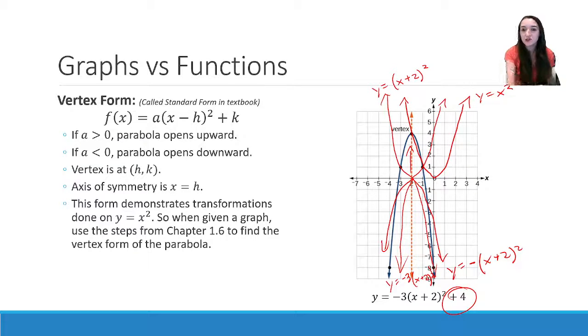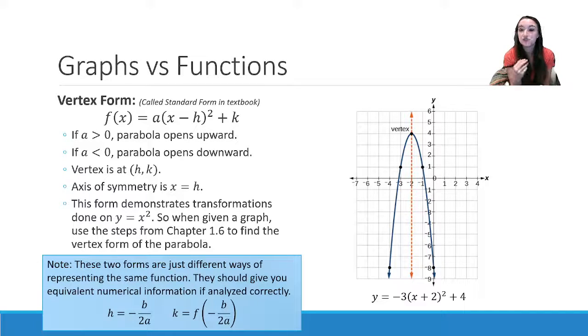So we can see that all of these steps together form the vertex form of our parabola, and it's all coming from those transformations we talked about in chapter 1.6. So if you're given a graph of a parabola, one way you can get immediately to the vertex form is to think about those transformation steps.